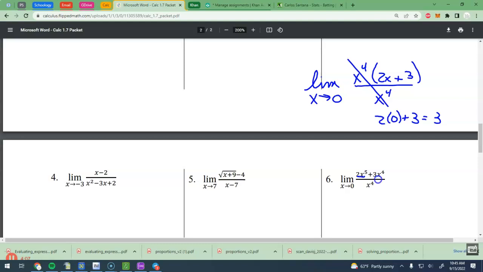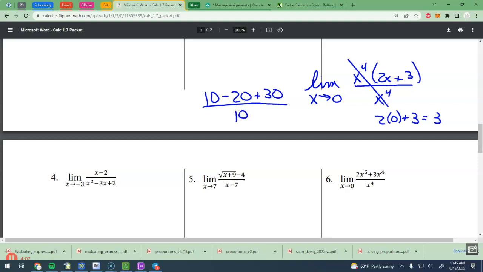Some people would look at it and just right away jump to, oh, I can just cancel. You're allowed to cancel as long as you're canceling. Some people make a mistake of, let's say I had this 10 minus 20 plus 30 over 10.